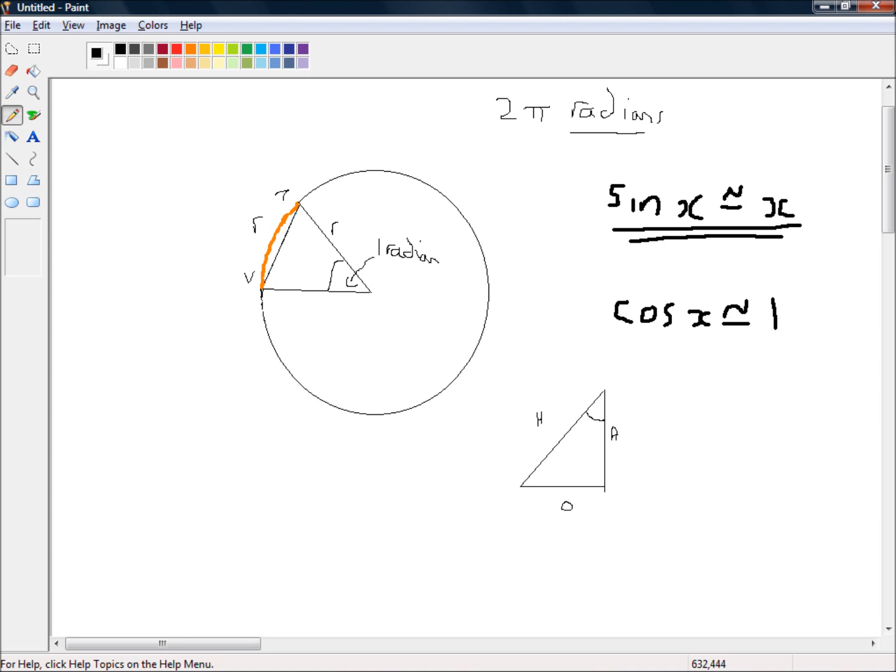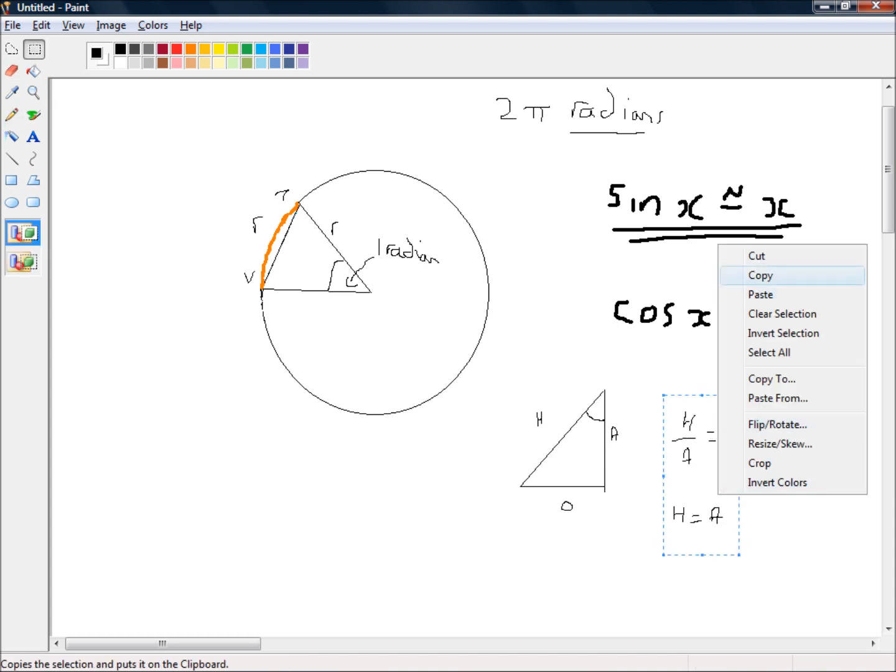Now for the cosine to be nearly 1, then h over a must be very nearly, or must be 1, which means that the hypotenuse must be equal to the adjacent. And for the hypotenuse to be equal to the adjacent, there can't be any angle between them.